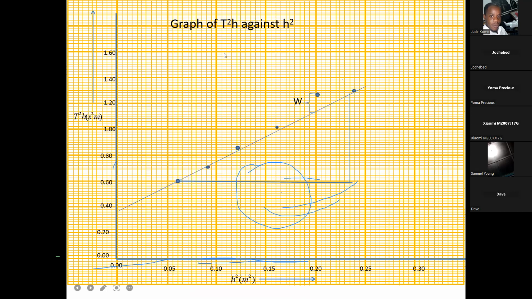Okay. Now this is our graph here. Before we move forward, this is a graph of T squared h against h squared. You can see how it is labeled on the graph sheet here. Now, we say W is our vertical scatter.